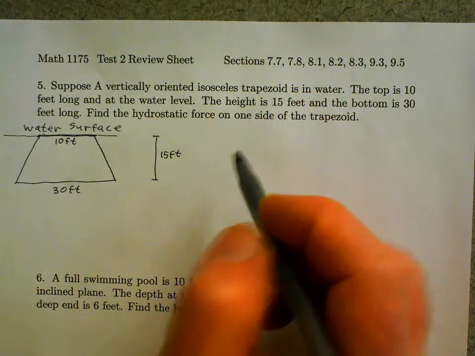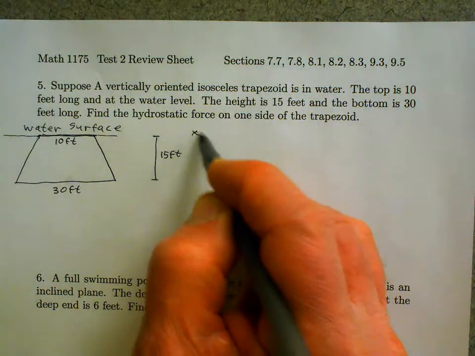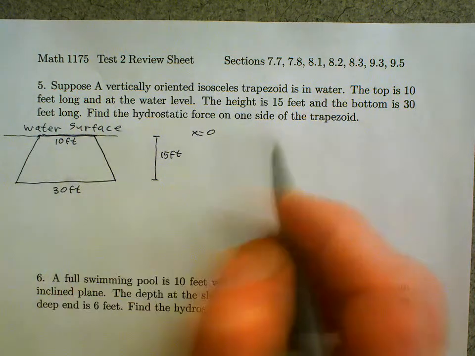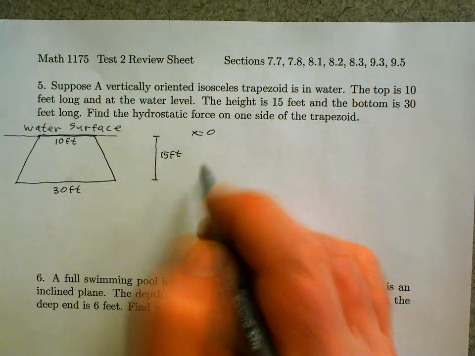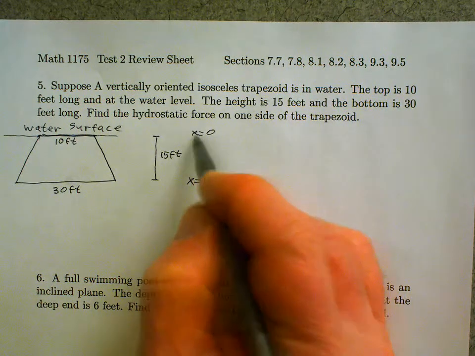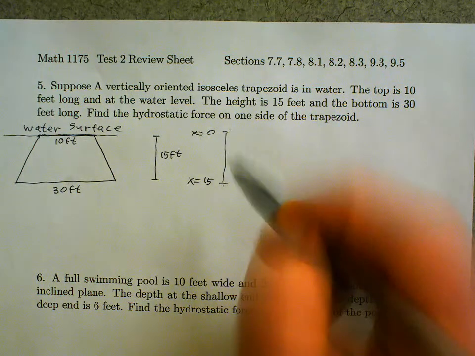Okay, so if we assign x equals 0 to be at the water level, and the positive x values are downward, we're going from 0 to 15 downward.